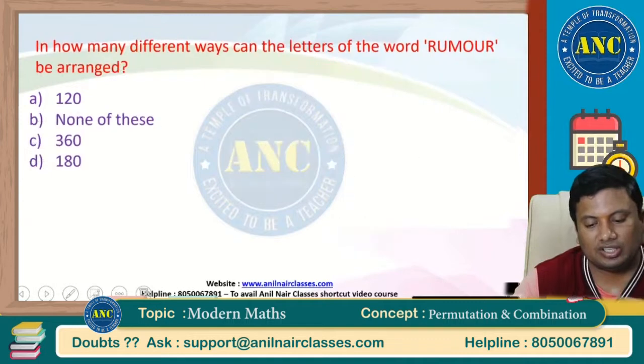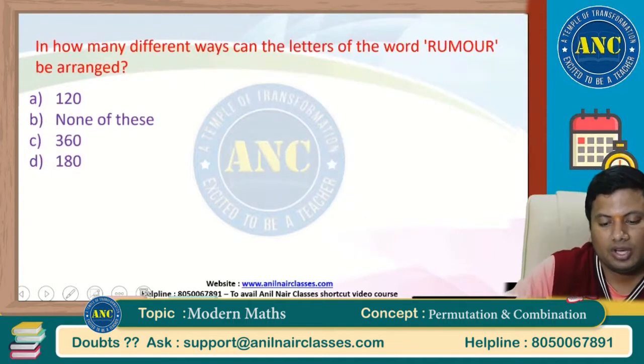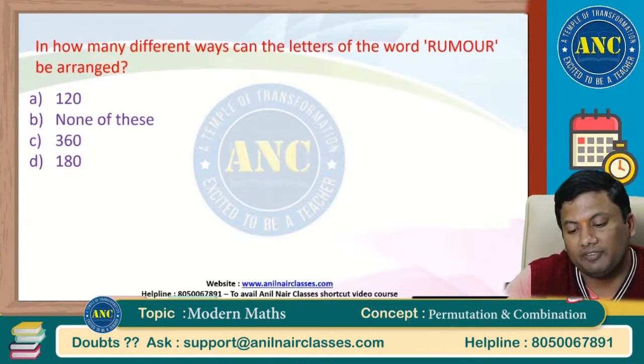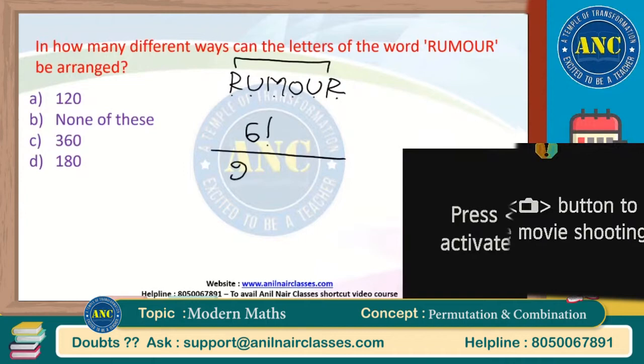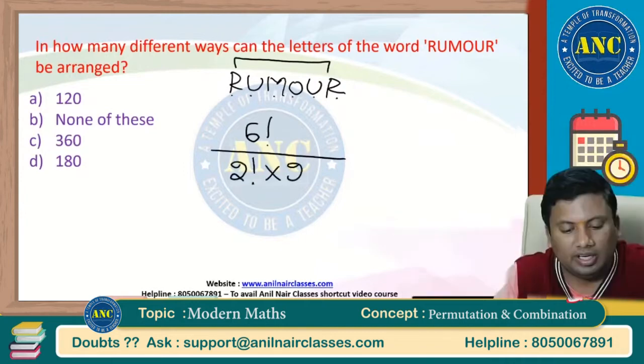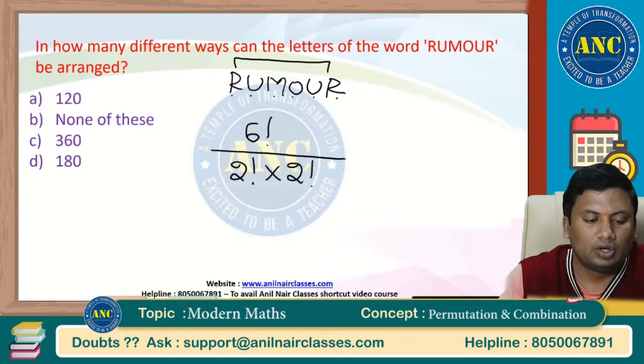In the next sessions, I will take bigger values. In how many different ways can the letters of the word rumor be arranged? 6 letters can arrange among themselves in 6 factorial. R is written twice, so 2 factorial. Again, U is written twice, so 2 factorial.